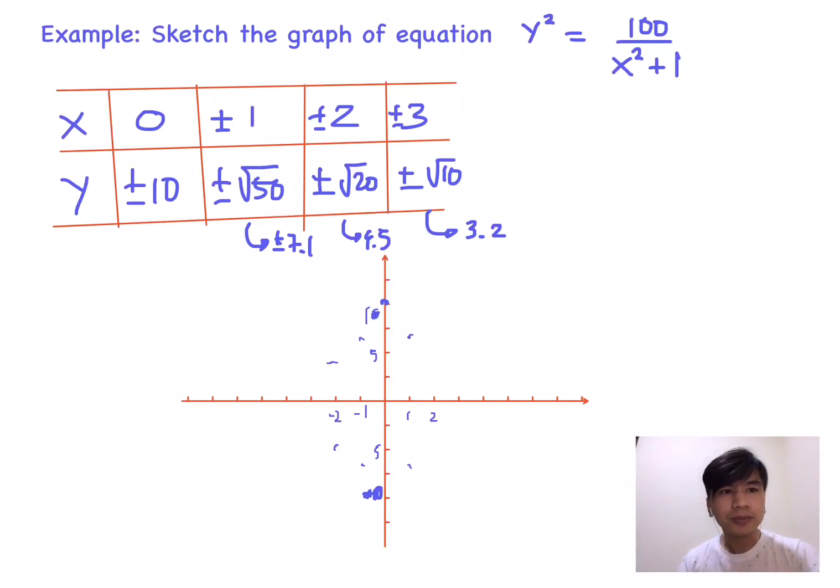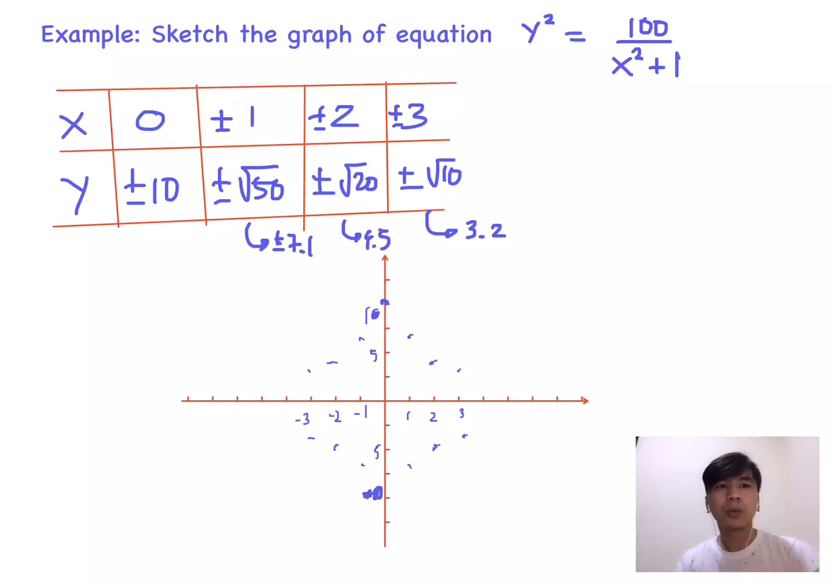Sorry for the messy drawing, using the iPad sometimes can be difficult. Then x equal to plus or minus 3 gives plus or minus 3.2, so around here and around here.